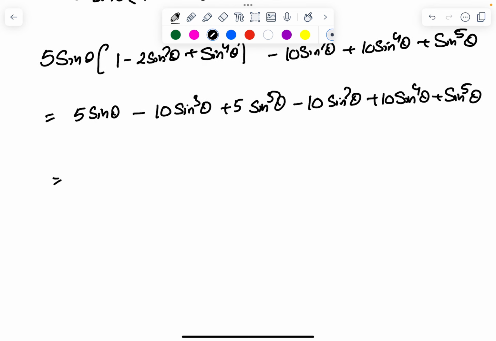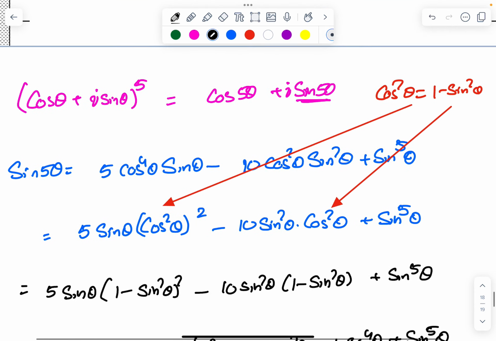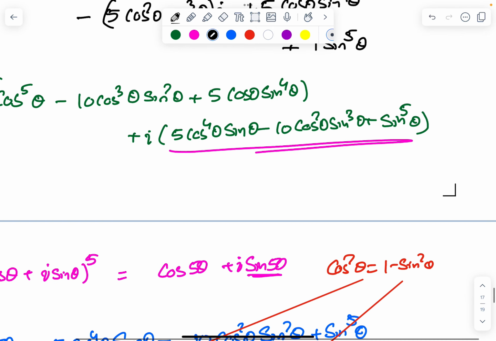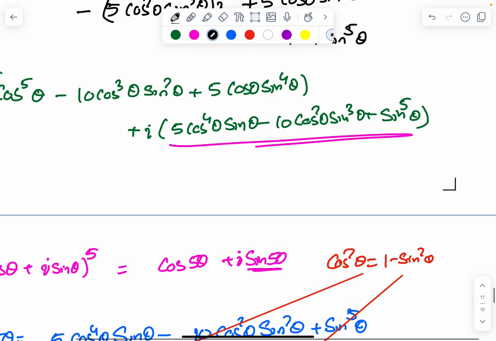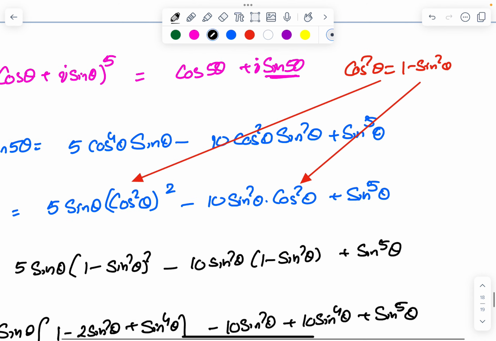So it becomes, I have to add them all. This is 10 sine cube theta.